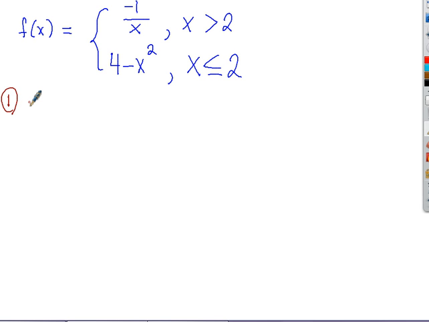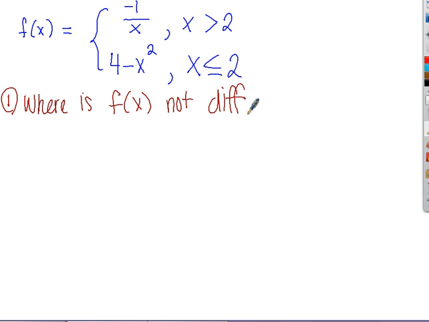My question would be, where is f of x not differentiable? Okay, this will be a quick, easy one, and then I'll do a little bit longer one. All right, where is f of x not differentiable?